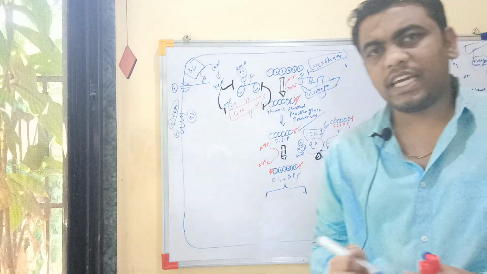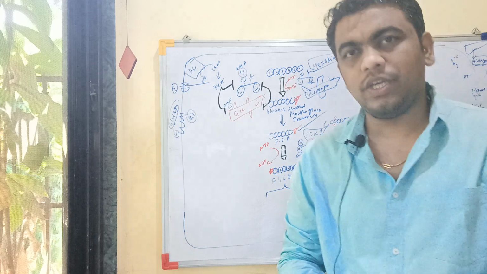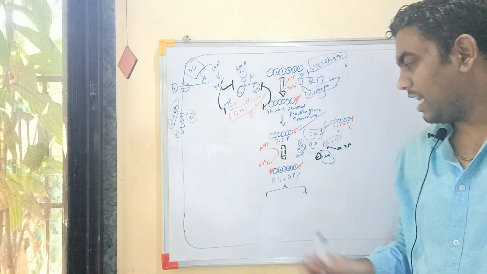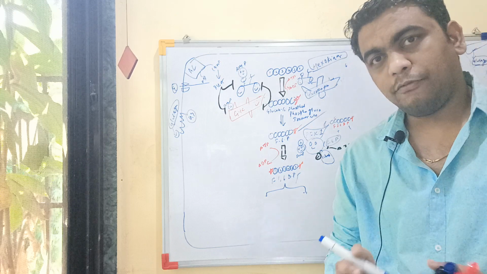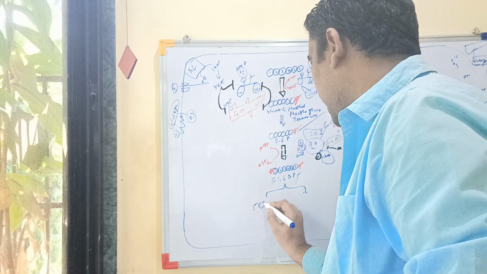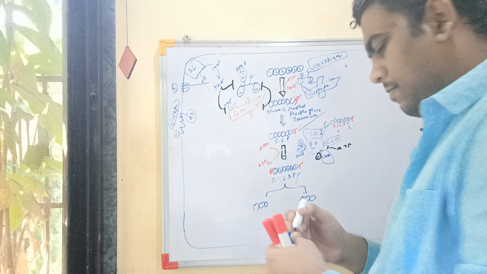If you take a 6 carbon molecule and break that into 2 equal pieces, how many carbon molecules will you get in one piece? Of course you will get 3 carbon molecules. So you have 3 carbon molecules over here and 3 carbon molecules over here.